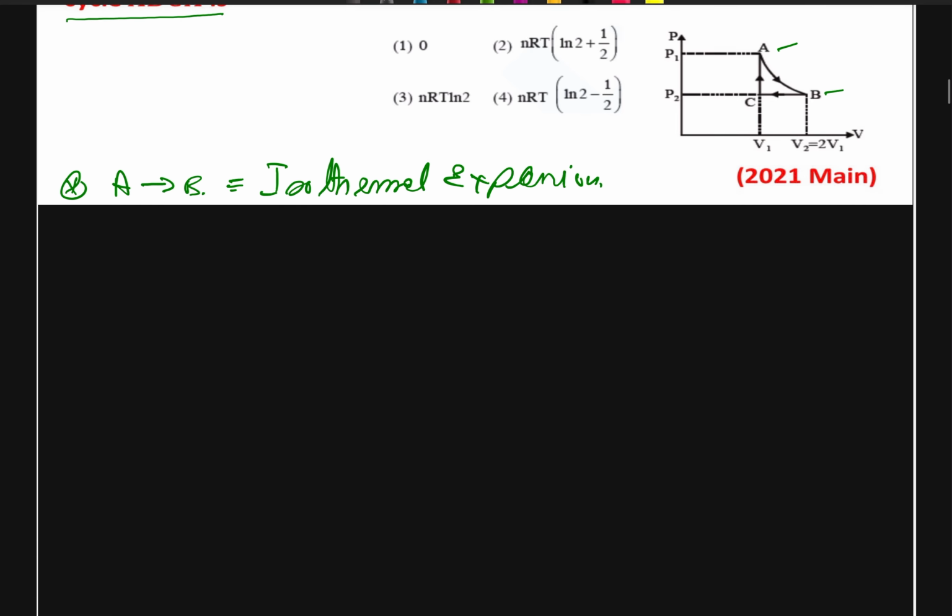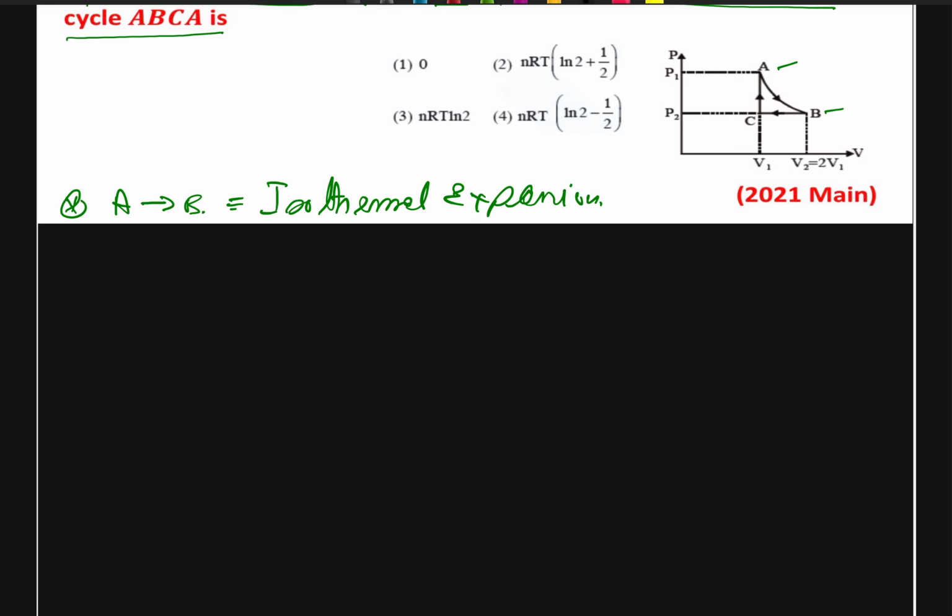And so we start with our ideal gas. So we know that for an ideal gas, PV is equal to nRT.